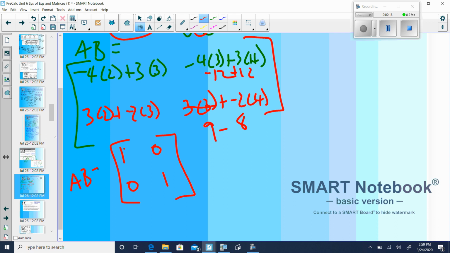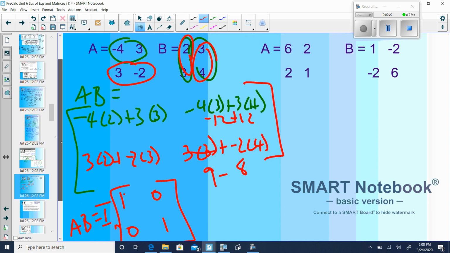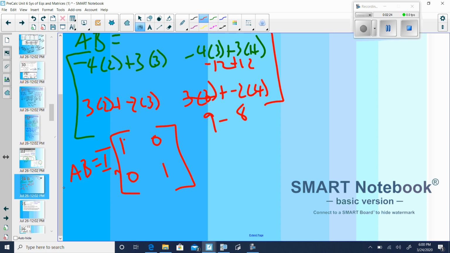So A times B equals that identity matrix right there. That's nice. And what about B times A? B times A also equals this identity matrix as well. So let's call it I. So A times B equals I. So what about B times A?